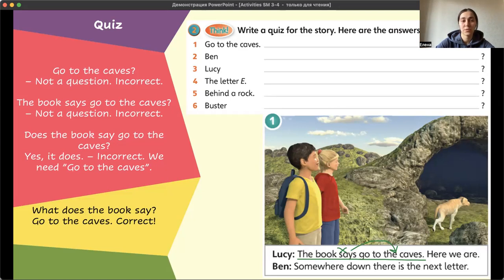Then they can say does or maybe do the book say go to the caves. If they say with do, that's closer to the correct variant. So gradually, step by step, we find the correct variant and we write what does the book say. And with other answers, we also find them in the text, we underline and we try to brainstorm the questions.